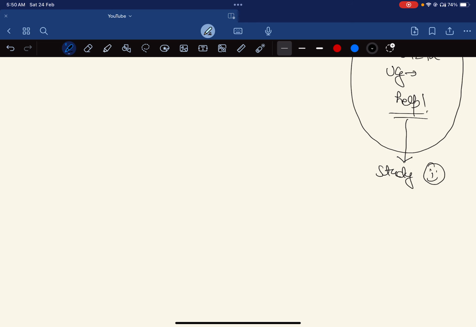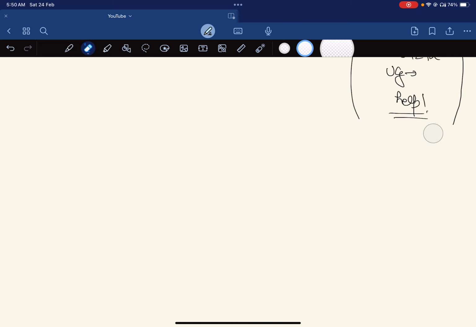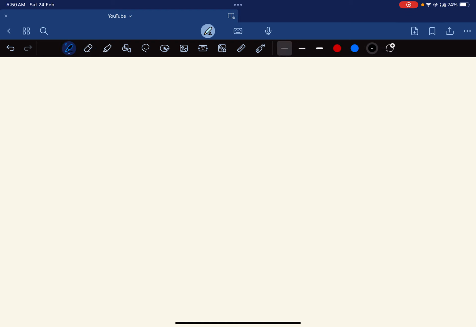So you must have heard of these symbols. Less than, greater than, less than or equal to, greater than or equal to, or just equal to.